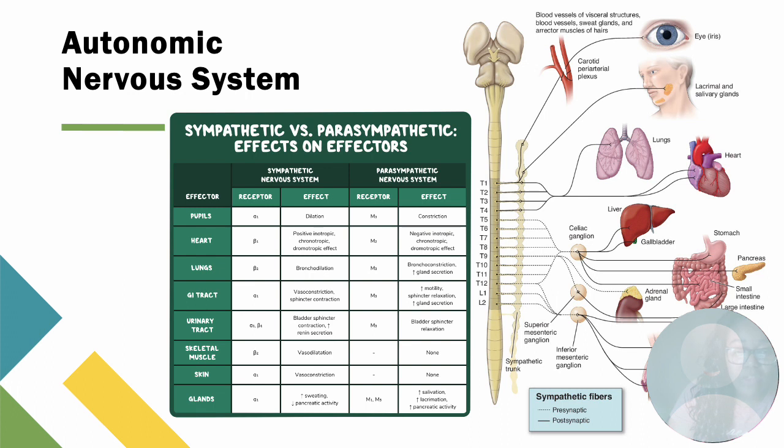So we're talking about drugs that would inhibit pupil dilation, that would cause negative inotropic effects, negative chronotropic effects, negative dromotropic effects. We're talking about medications that will cause bronchoconstriction, and drugs that in the GI tract will cause vasodilation. So again, basically the opposite effects of when the adrenergic system is stimulated.